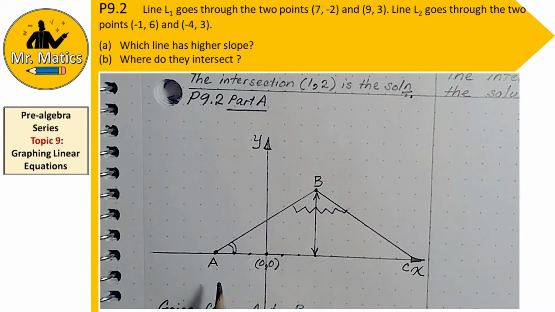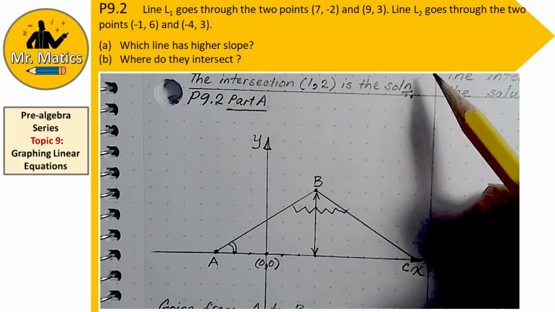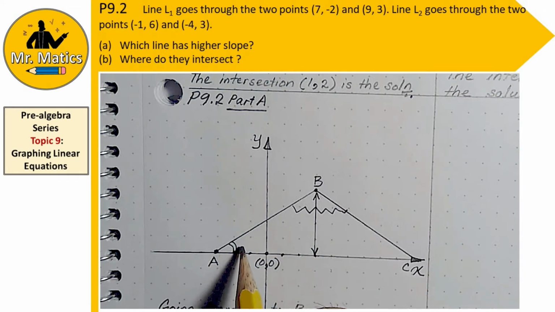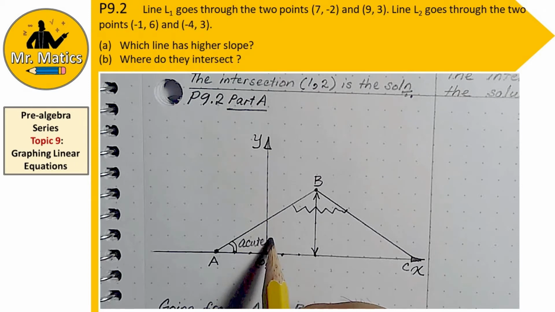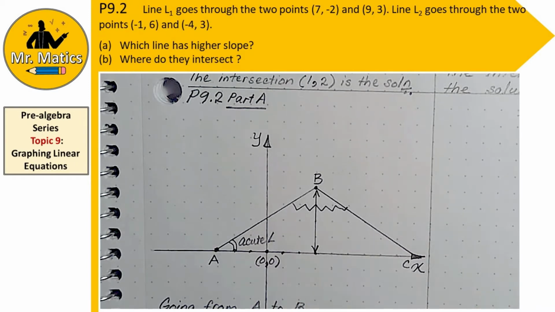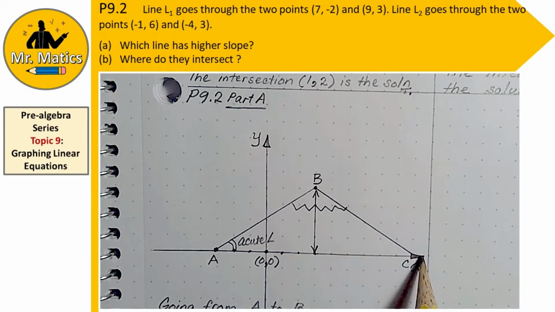The way to think of it also is, if you have an acute angle with the x-axis, that is always in the positive direction then. So this is acute. This is an acute angle, whereas in this case this angle is an obtuse angle.